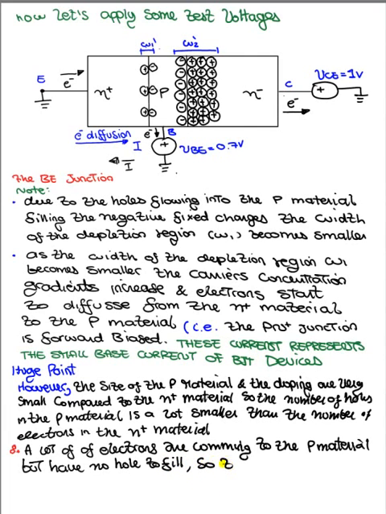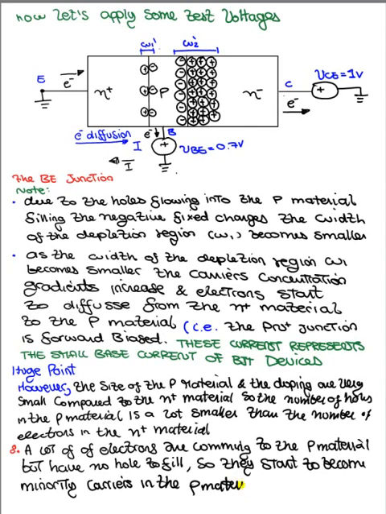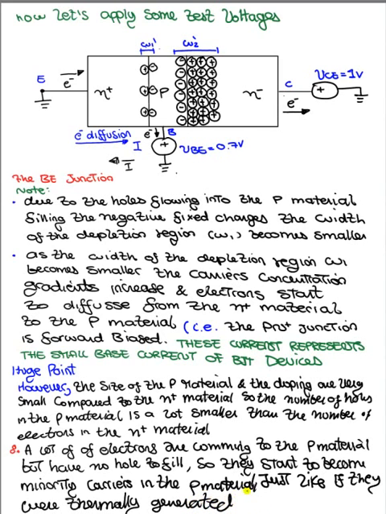So they start to become minority carriers in the P material, just like if they were thermally generated electrons.